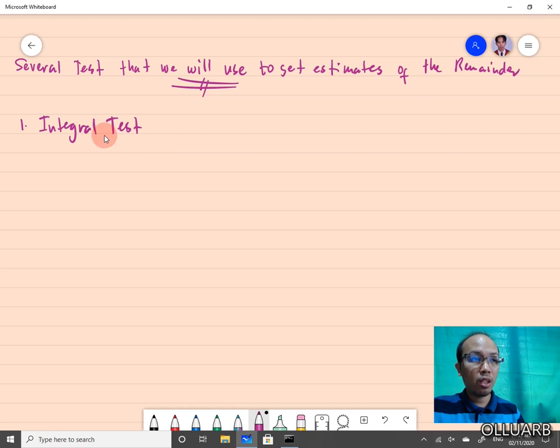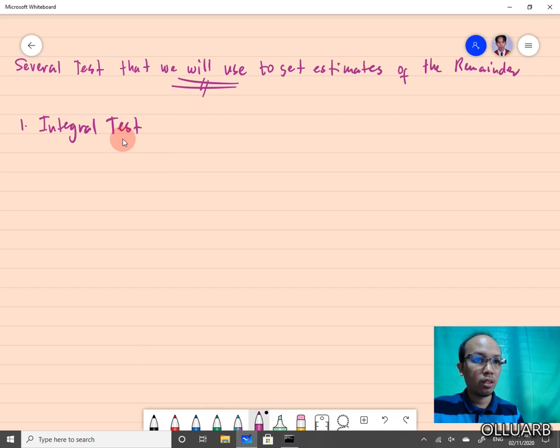For example, in the integral test, the preconditions are that the a sub n, which will be denoted as f of n, as in our previous discussion, is continuous, decreasing, and positive valued. Okay, so please do remember those preconditions.